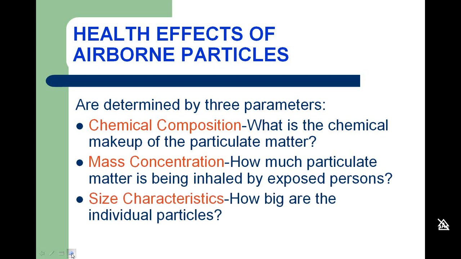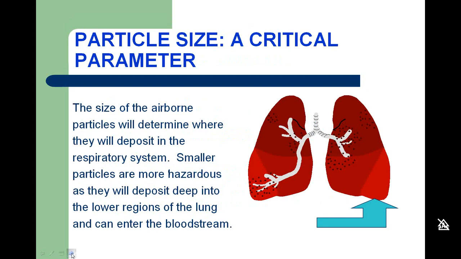How big are the individual airborne particles? Particle size is a very important factor in determining where particles will deposit in the respiratory system. Smaller particles are of critical concern since they will deposit in the lower regions of the lung and can enter the bloodstream.